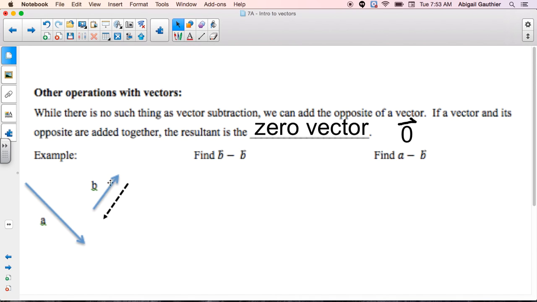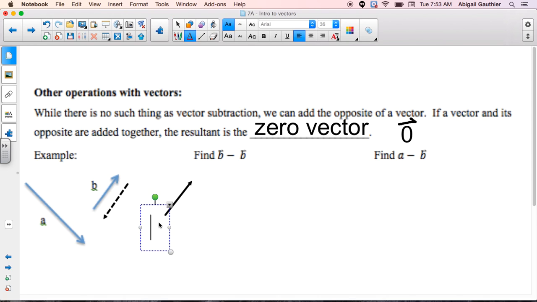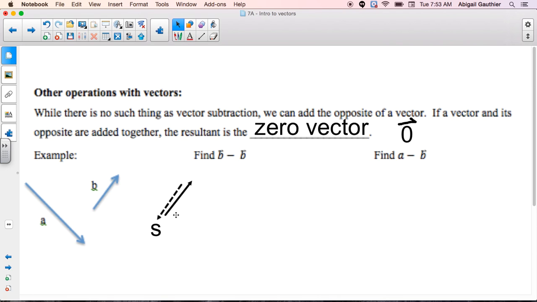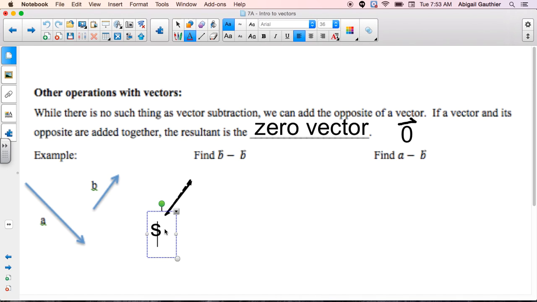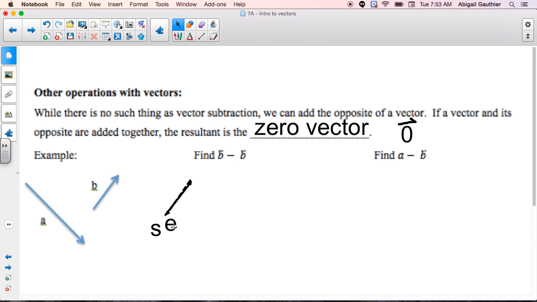So if I find b minus b, if we start at the bottom, and then we travel vector b up, and then we travel vector b back, theoretically we also end in the exact same place that we started in, and so therefore we have gone nowhere because it's our start and our beginning.